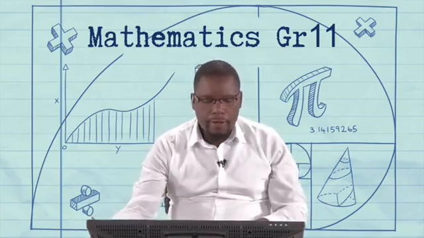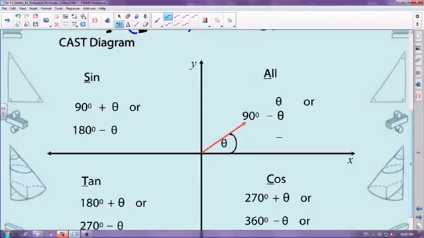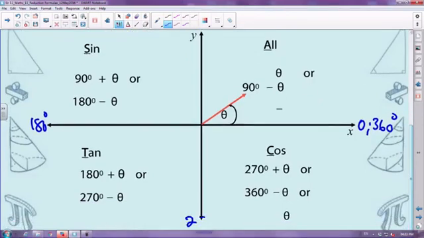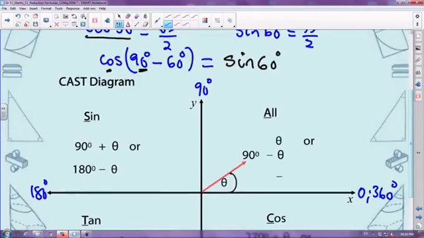All right, so now going back to our CAST diagram, this is 0 degrees and 360, 90 degrees, 180 degrees, and then your 270. In the first quadrant, I can have 0, 1, 2, 3, 4, 5, 6, up to 90 degrees, all right?